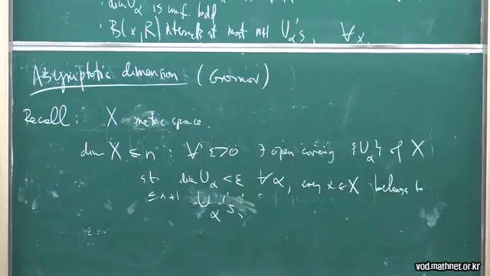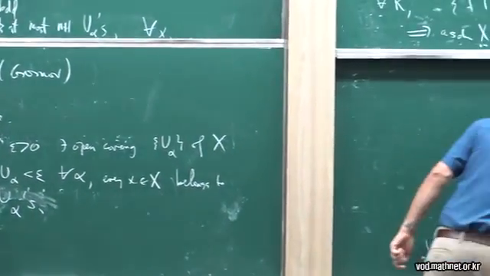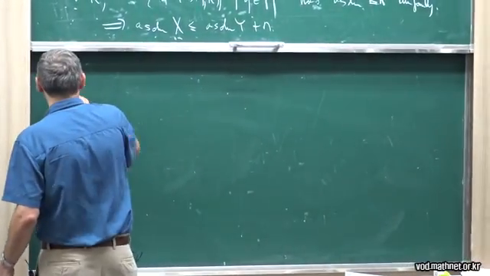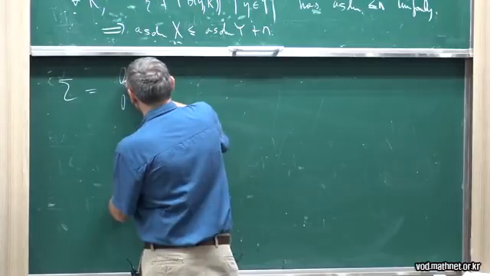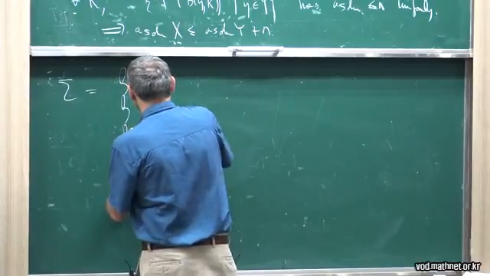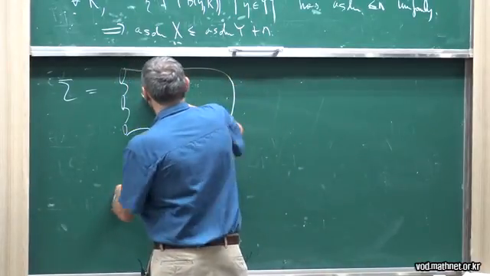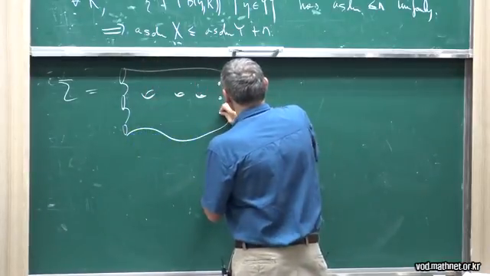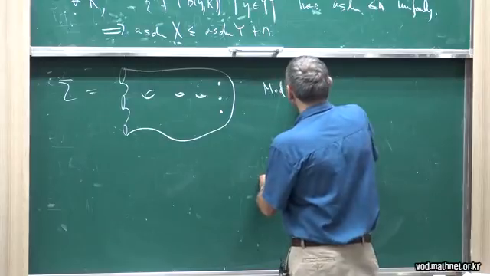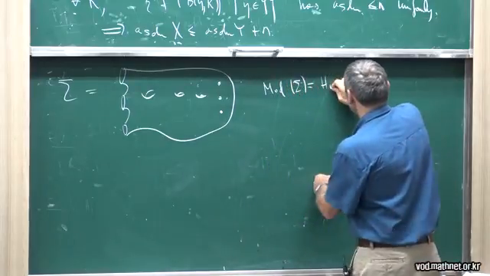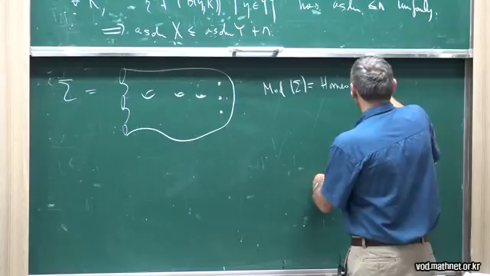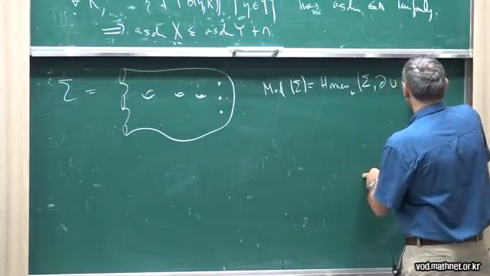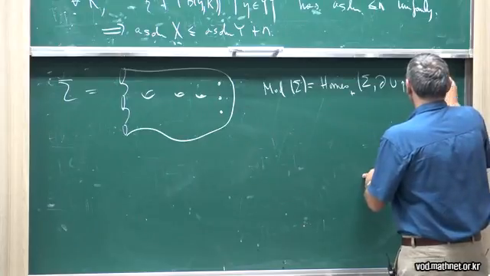Okay, so mapping class groups are defined for surfaces. If sigma is a surface like this, there's some number of boundary components, some number of handles, and then some number of punctures. The mapping class group Mod(sigma) is the group of orientation-preserving homeomorphisms of sigma, which are the identity on the boundary and also on the punctures, and you mod out by isotopy.